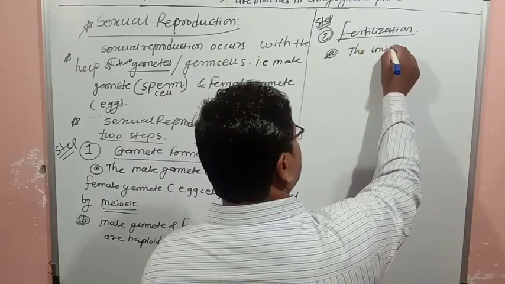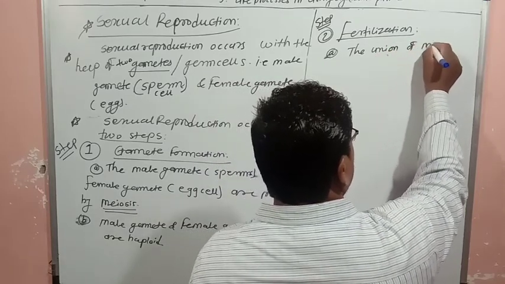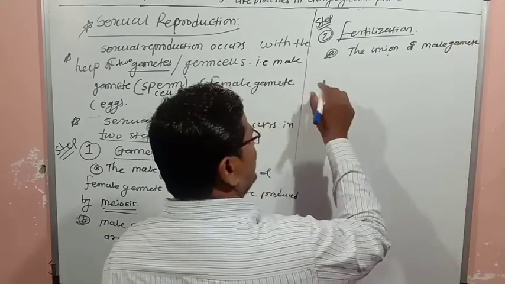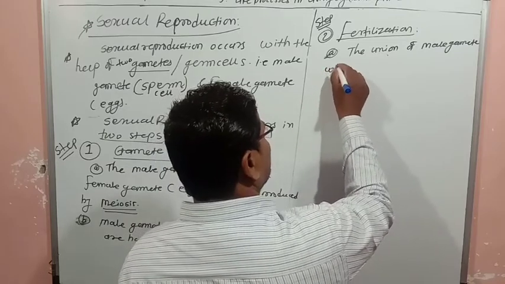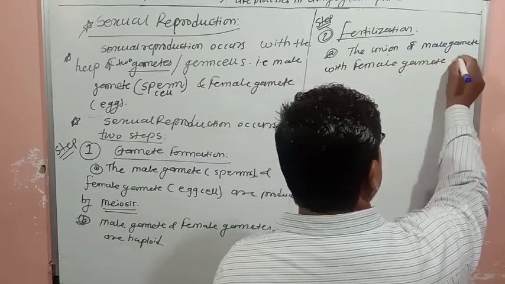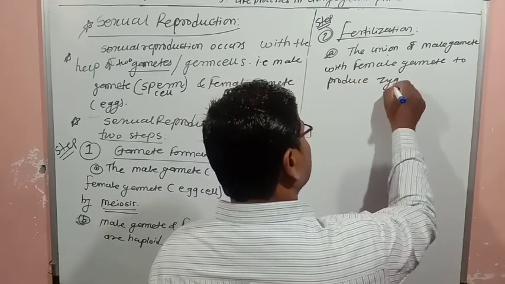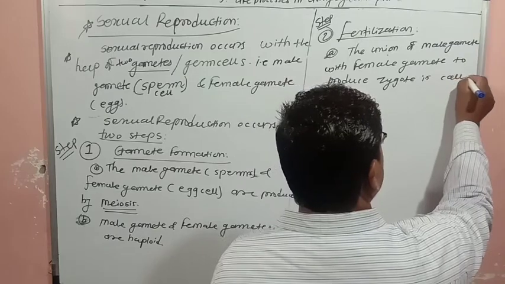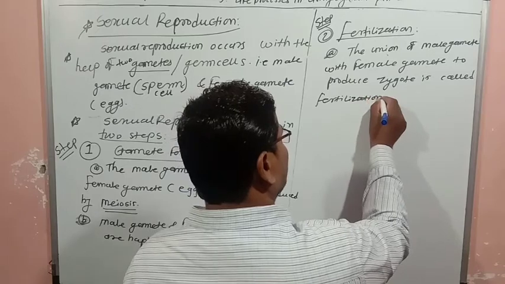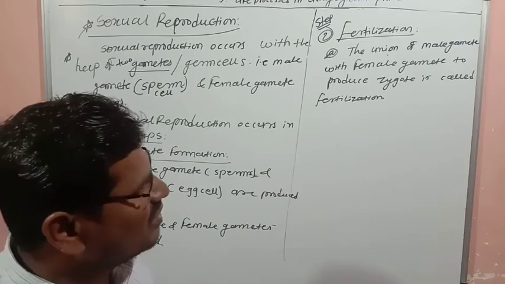The union of male gamete with female gamete to produce zygote is called fertilization.